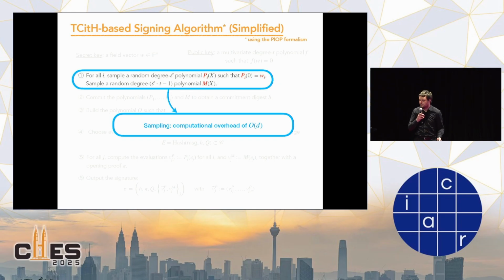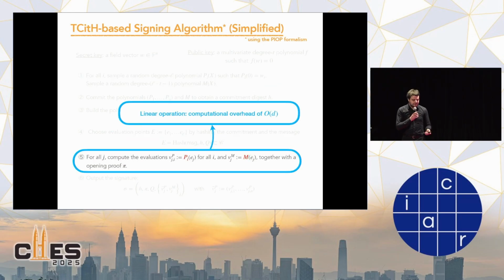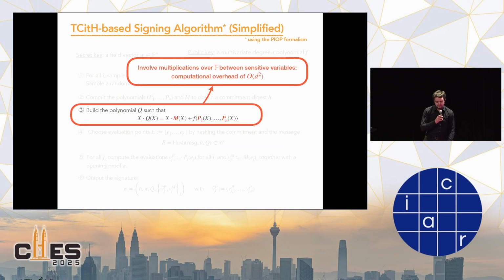It's the best we can hope for. The last step is also easy. Since the evaluation points are public, as it's the Fiat-Shamir challenge, evaluating the secret polynomial is a linear operation in the polynomial coefficients. So everything is linear, it's nice.